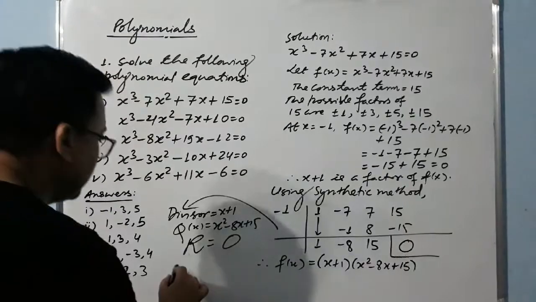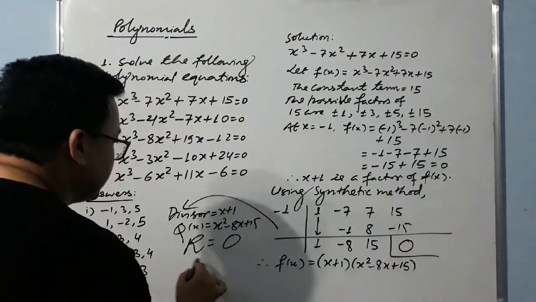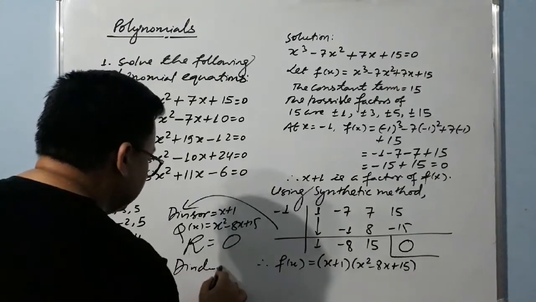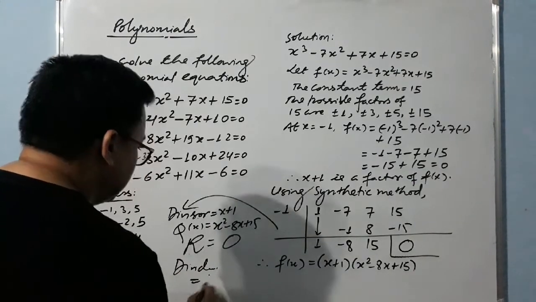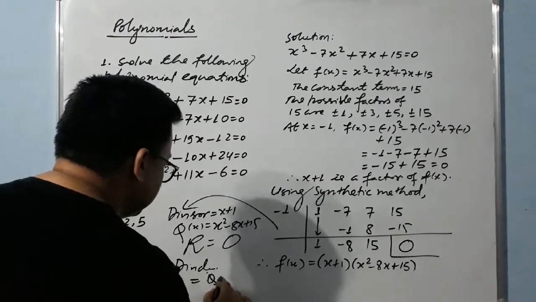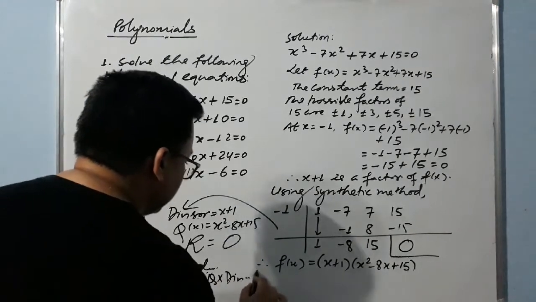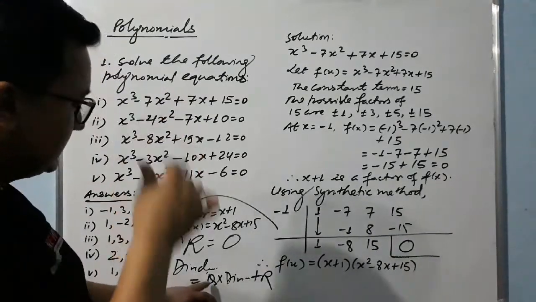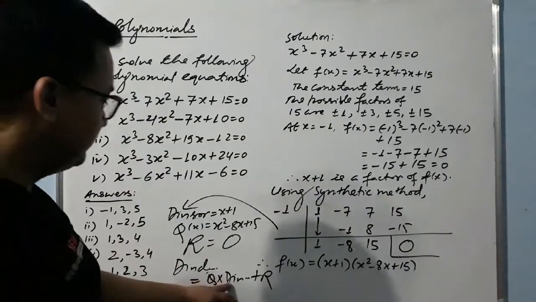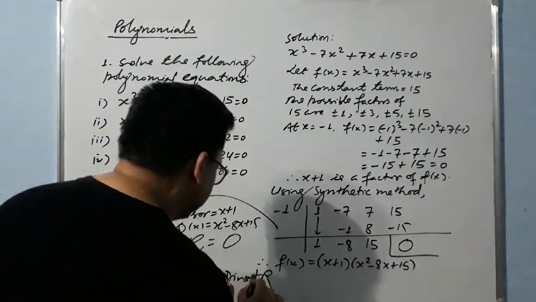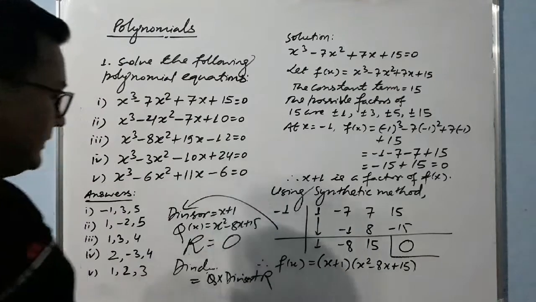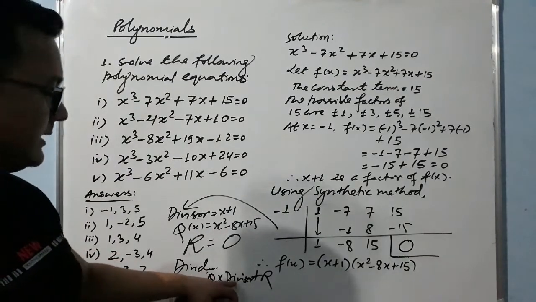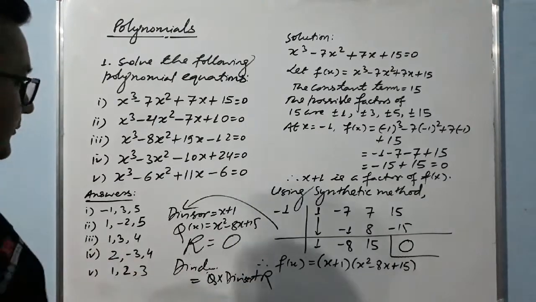And you know the division algorithm: dividend is equal to quotient times divisor plus remainder.